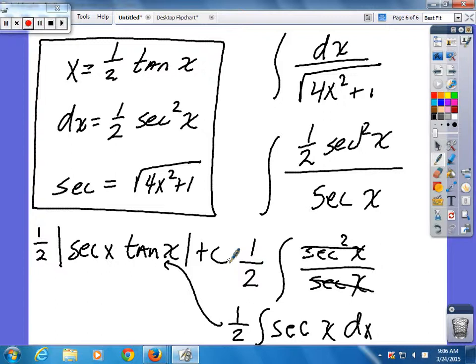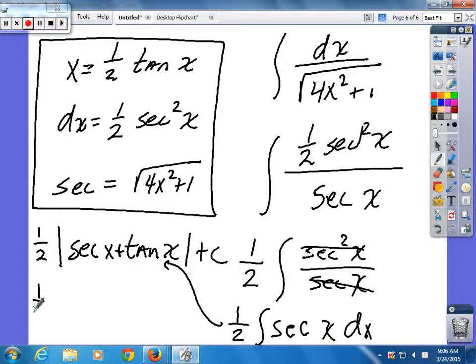And there's only one more step, and that is to take your secant and tan and put them back in. And what's your secant? Square root of 4x squared plus 1. And what's your tan? You got the tan is equal to what? 2x? Y'all help me out there.